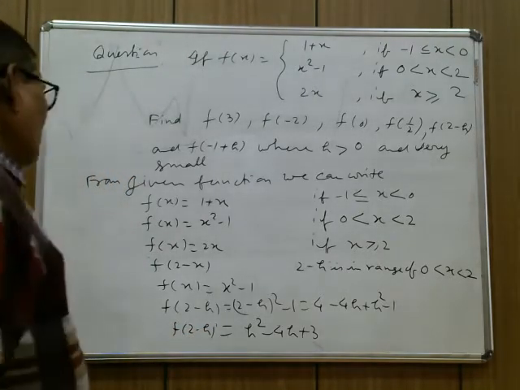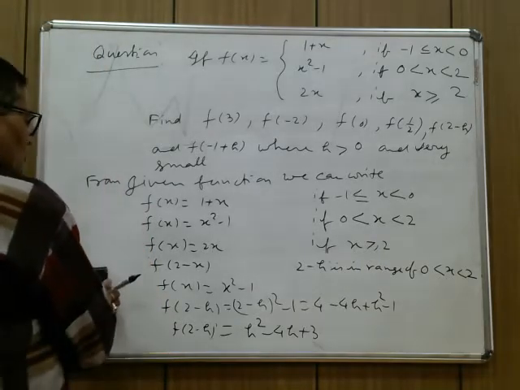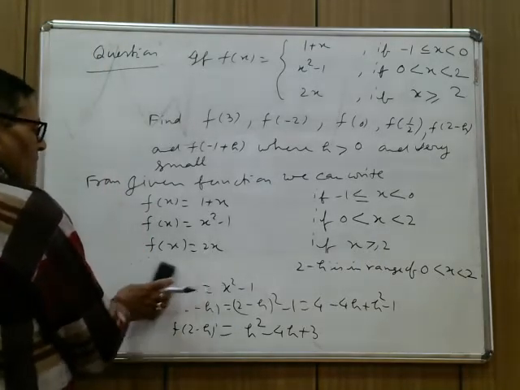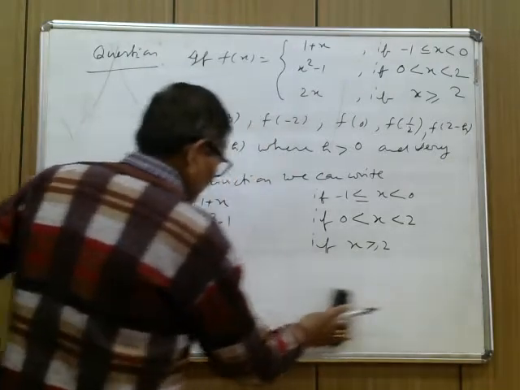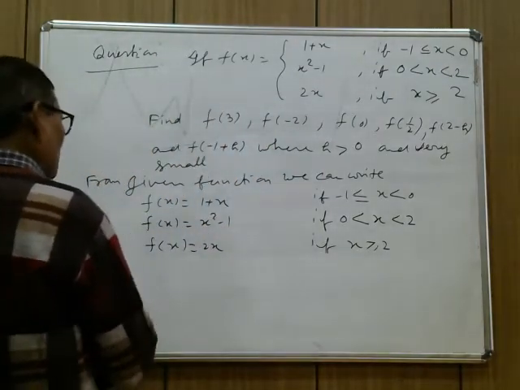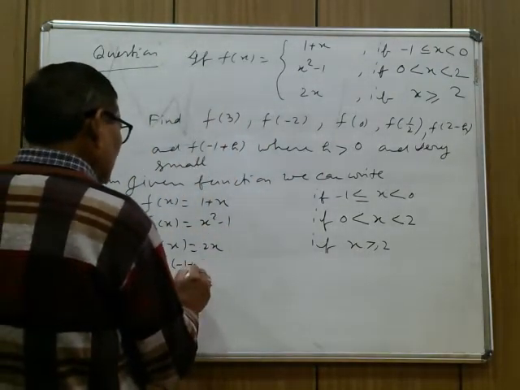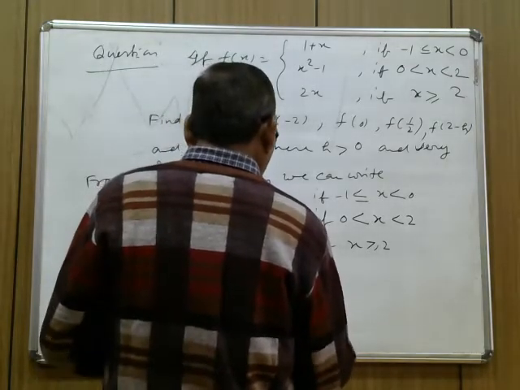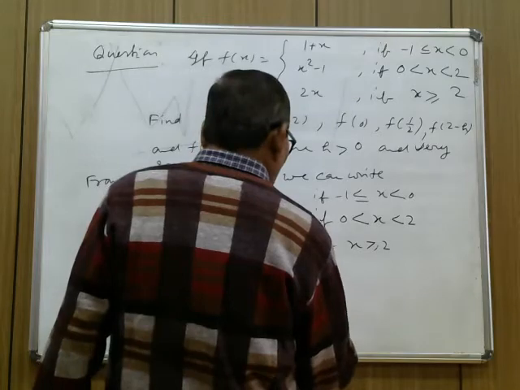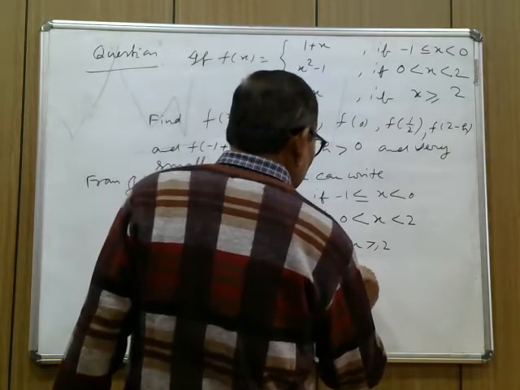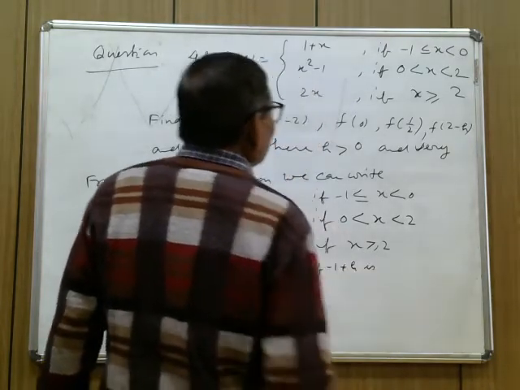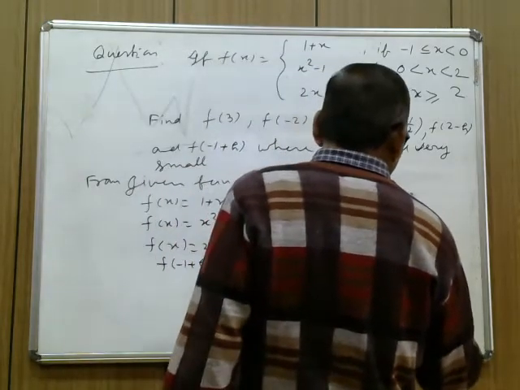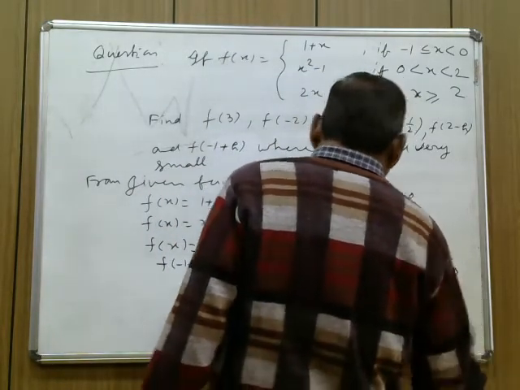Last one is f of minus 1 plus h. You have to calculate f of minus 1 plus h. In order to find f of minus 1 plus h, you find the range of minus 1 plus h, which is minus 1 is less than or equal to x is less than 0.